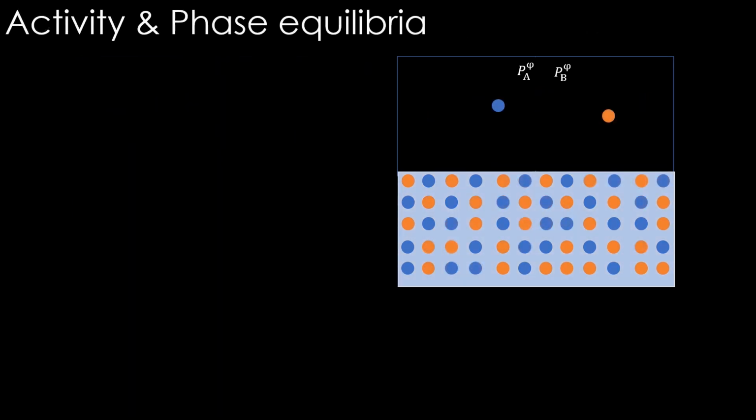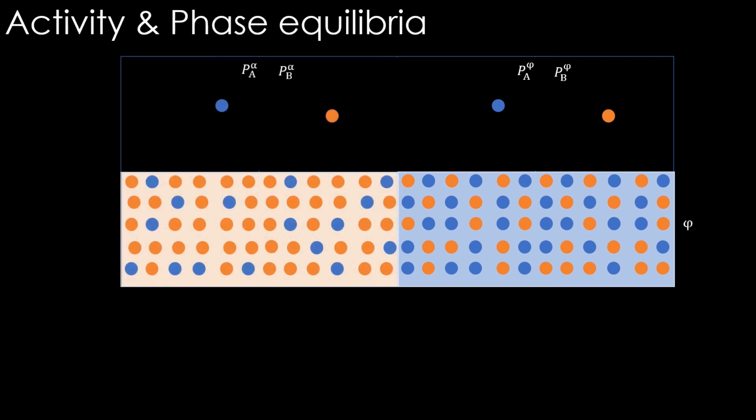Now, this is a good time to think about a scenario where with this solid phase phi, another solid phase is in equilibrium. Let's call it alpha. This new phase has a different mole fraction of A and B compared to phi. Although the total number of atoms are same, you can see alpha has more orange atoms than phi, and also atomic arrangement is different in alpha compared to phi.